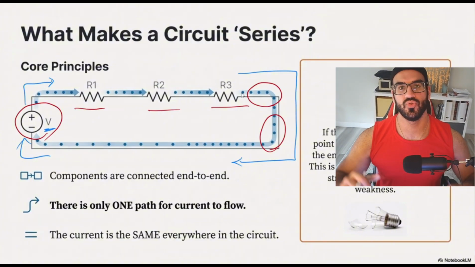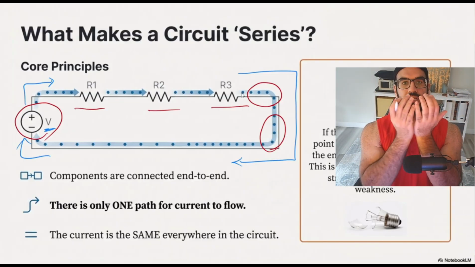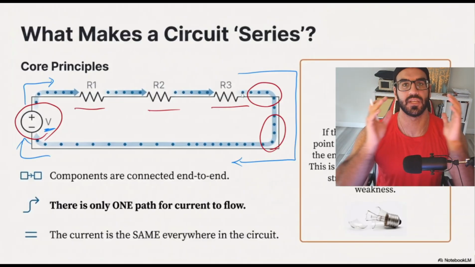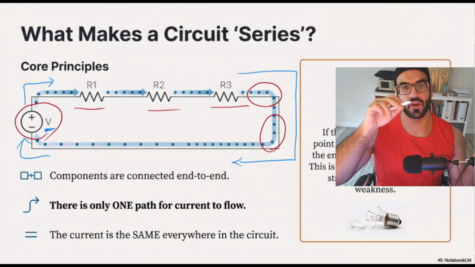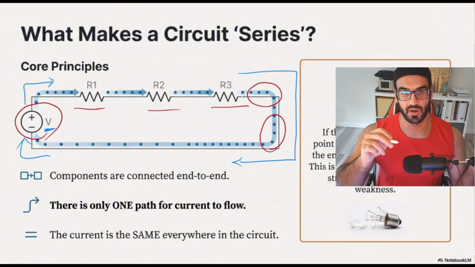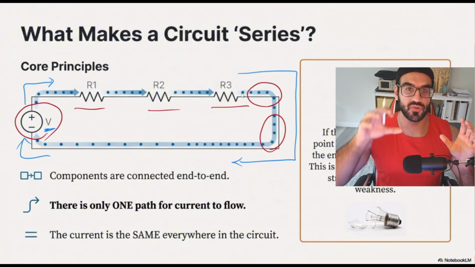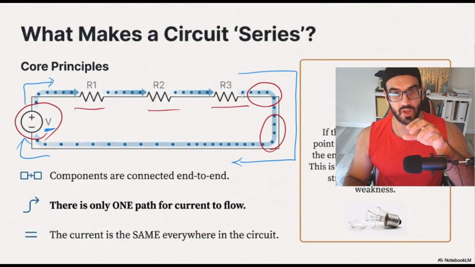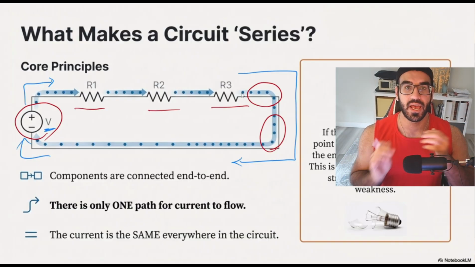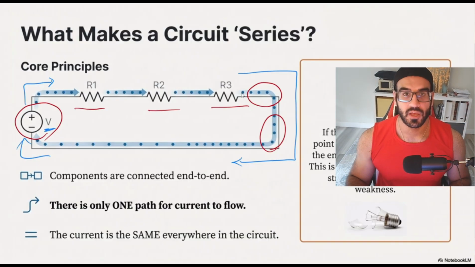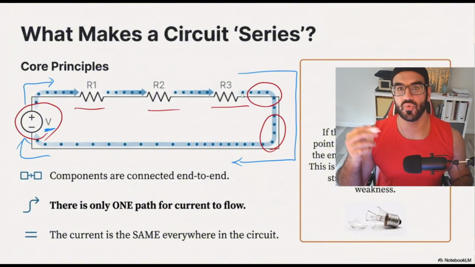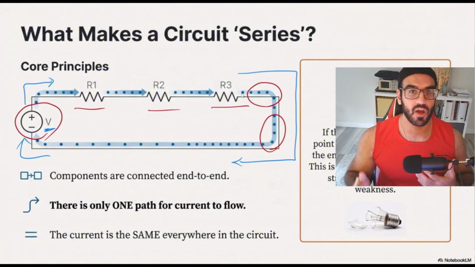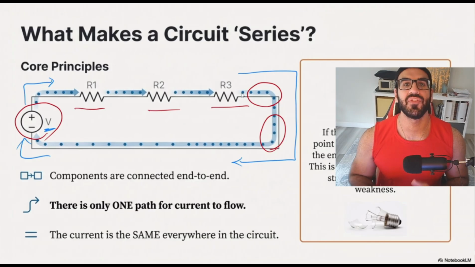Imagine that you have everything connected to each other in one single path. It means that all of them are connected to each other, and even if you disconnect or get rid of one of these components, everything is gone. If you just take out your R2, R3, or any other part in this system, everything is going to collapse.